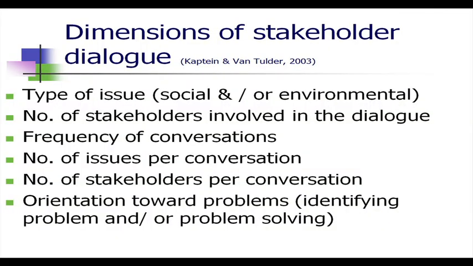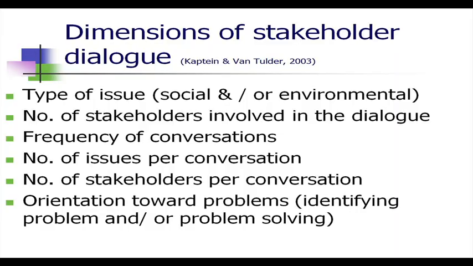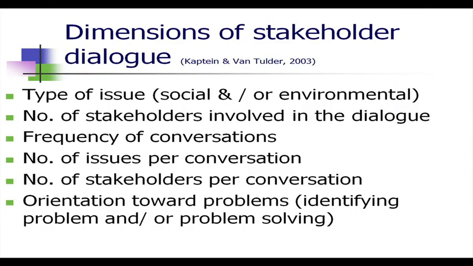Frequency of conversations. Now we are talking about nuts and bolts. Number of issues per conversation. Number of stakeholders per conversation. How many stakeholders come for meetings? How many issues are dealt with in the meetings? You can't have the entire plethora of issues. So we go issue by issue, or categories of issues by categories of issues.